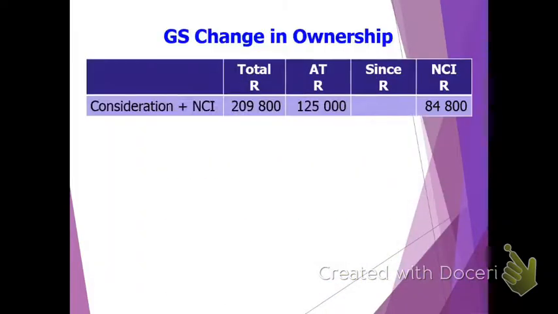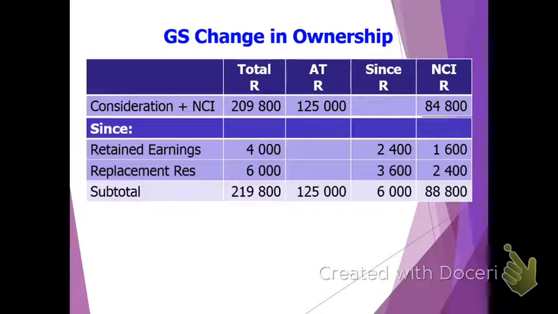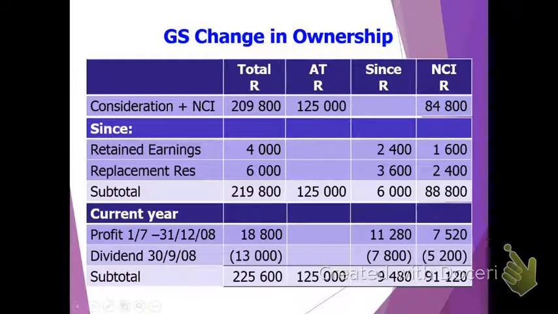And then you calculate the since-acquisition retained earnings, replacement reserve, etc., giving you subtotals up to the beginning of the current year. Then you've got the current year. As we've seen previously, you have now calculated the profit for the first 6 months as 18,800, and that you allocate to the parent and the non-controlling interest, 11,280 and 7,520.